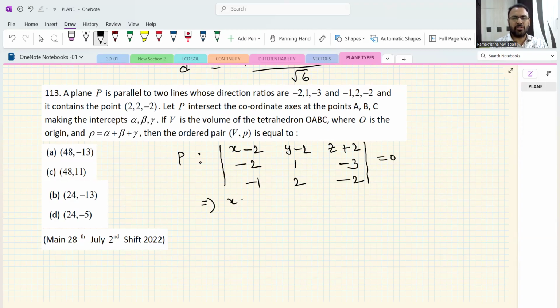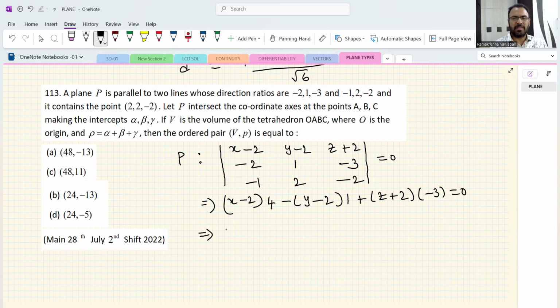So x minus 2 into expanding the determinant, minus 2 plus 6, that is nothing but 4, minus of y minus 2 into this is 4 minus 3, 1, plus z plus 2 into this is minus 4 plus 1, nothing but minus 3, equal to 0.